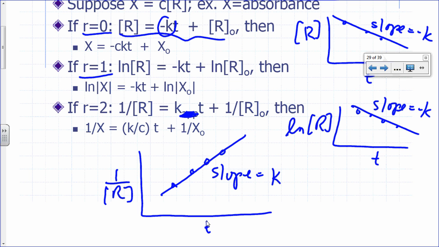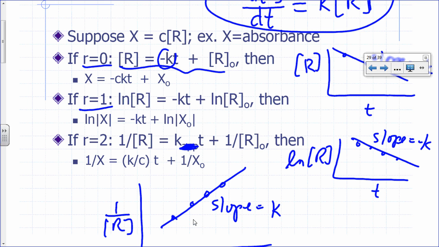Now, like I said, in a typical lab scenario, you would be measuring something that is proportional to the concentration of R. And you really don't need to calculate R based on that measurement because, as you can see, if some property X is directly proportional to R, so it's a constant times the concentration of R, you can say that R is equal to X over C. If you substitute X over C for R in these expressions, what do you find?